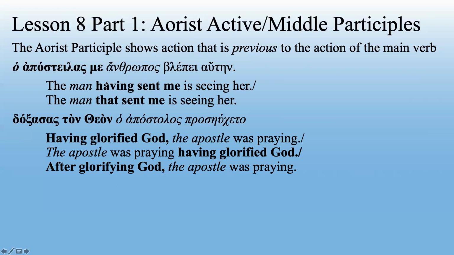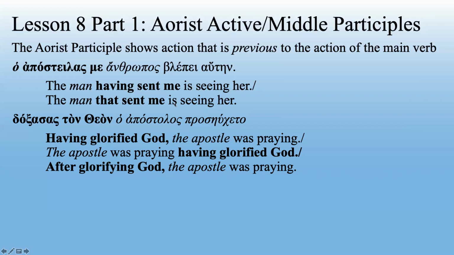Now, the idea here with using a perfect participle, why this works with either one in English, is because perfect means completed. So completed when the past action happened, completed when the present action happened, or finished, done already as it relates to now.